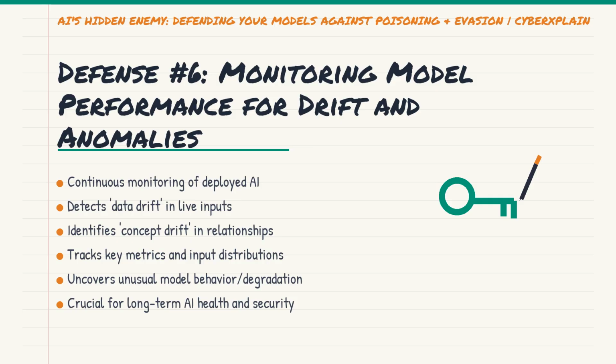Concept drift means the relationship between input and output changes over time. By tracking key metrics, input distributions, and prediction confidence, we can detect unusual behavior that might indicate an ongoing attack or a degradation that makes the model more vulnerable. This is crucial for long-term AI health.